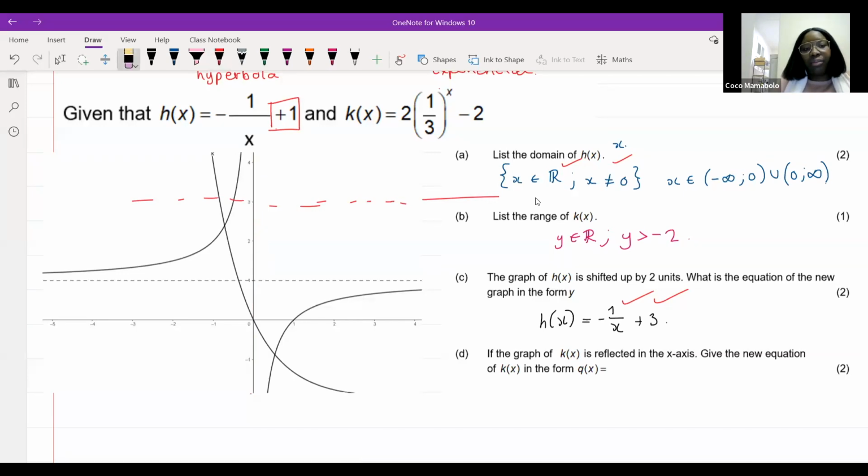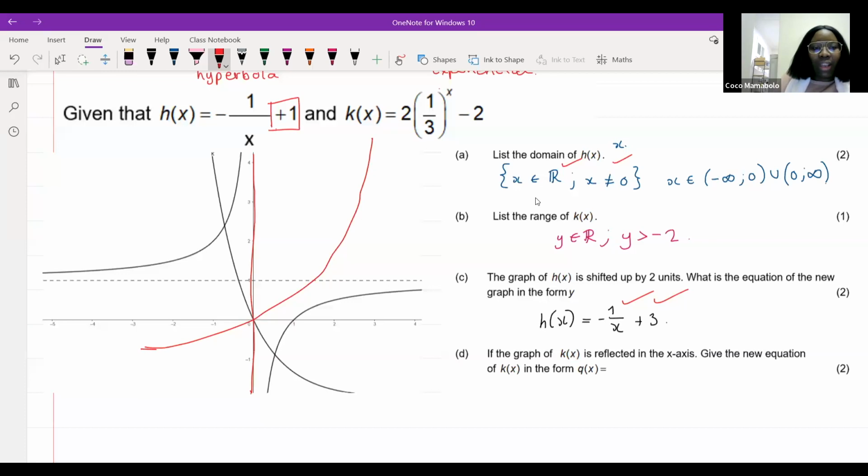If I reflect my exponential graph about the x-axis, it's no longer going to sit on this side, it's going to sit that way. Which means that my values will no longer be 1 over 3. My values are going to be inverted, which means this number over here also needs to be inverted.